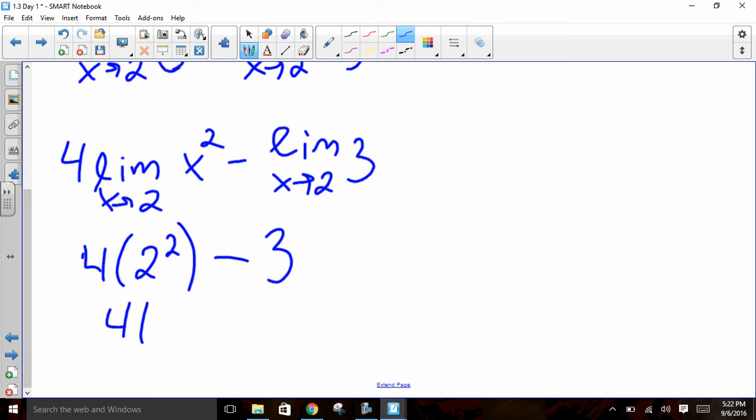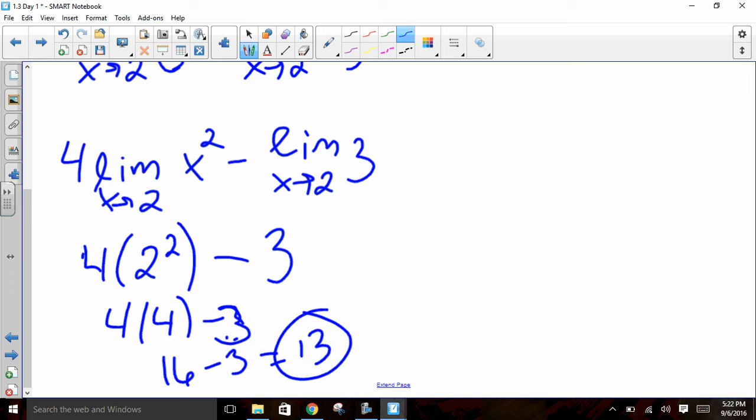So I have 4 times 4 minus 3. 4 times 4 is 16, minus 3. The limit as x approaches 2 of 4x squared minus 3 is 13.